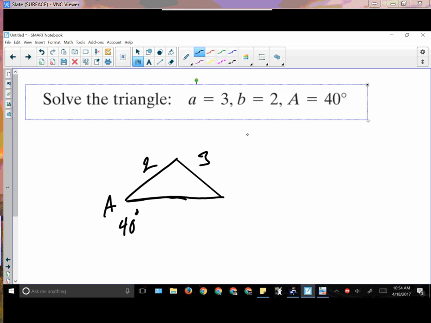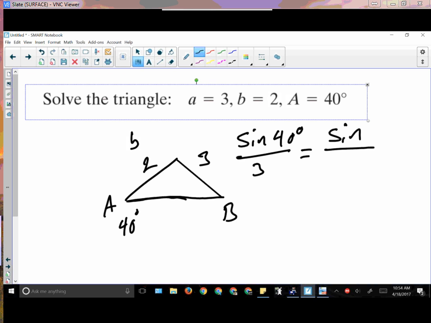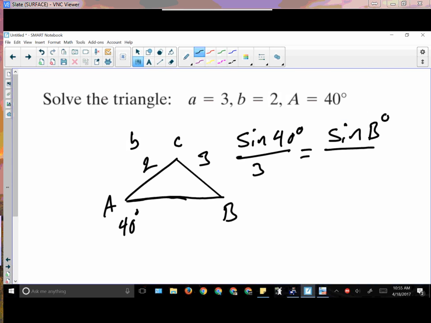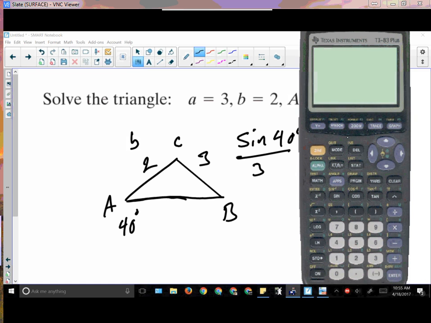Because now I can set this up as sine of 40 degrees over 3 is equal to the sine of B, since this is side B, so this is angle B. This is going to be C, because this is side C down here. That makes sense? So it's the sine of B degrees over 2. So I've got basically the same setup, but my calculation is going to be a little different this time.